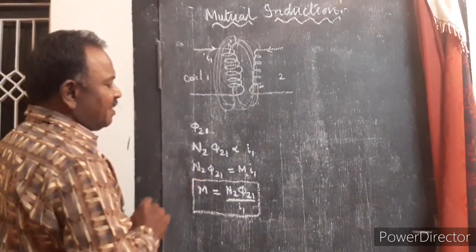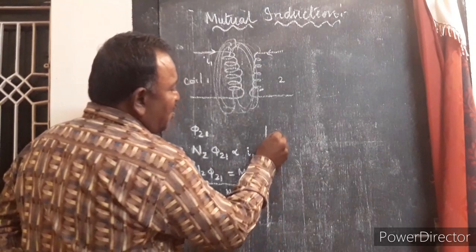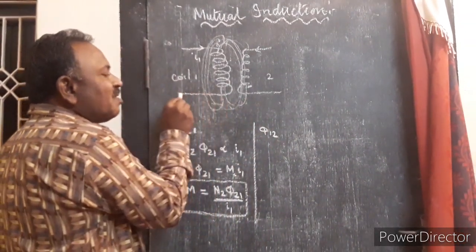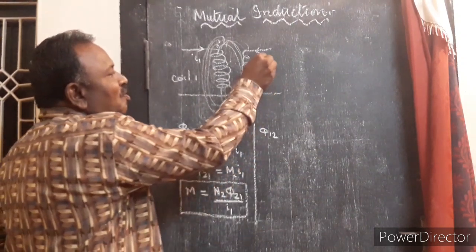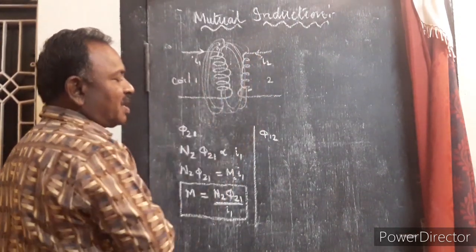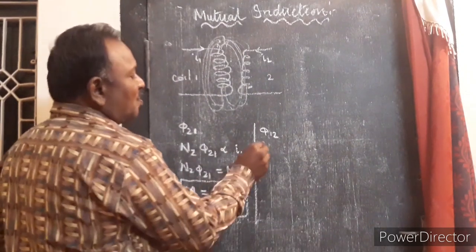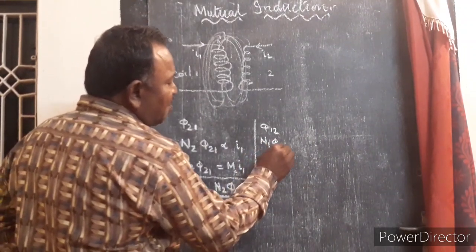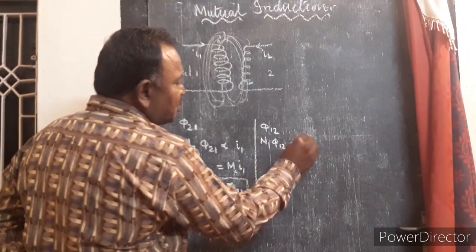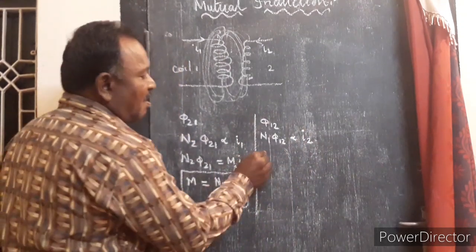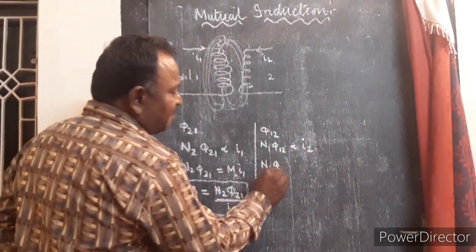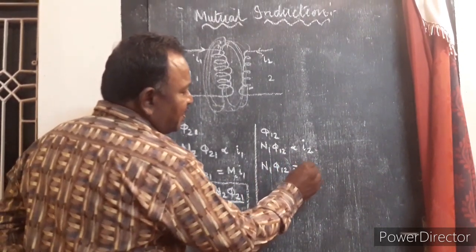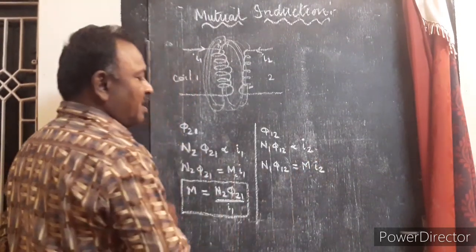In a similar way, if phi 12 is the flux linked with every turn of the first coil due to the flow of current I2 in the second coil, then the flux linkage N1 into phi 12 is directly proportional to I2. Or the flux linked with the first coil is equal to a constant M into the current through the second coil.